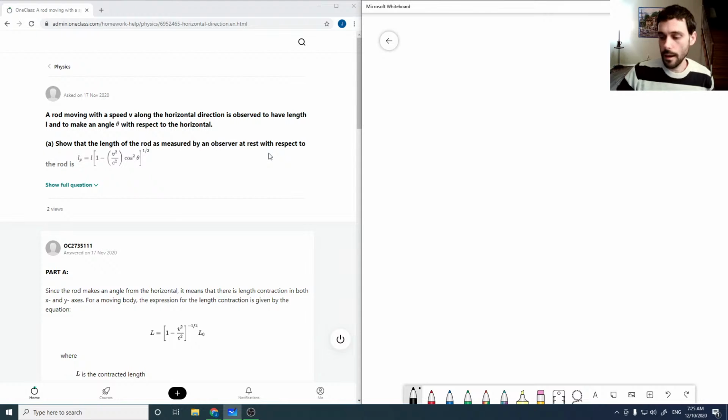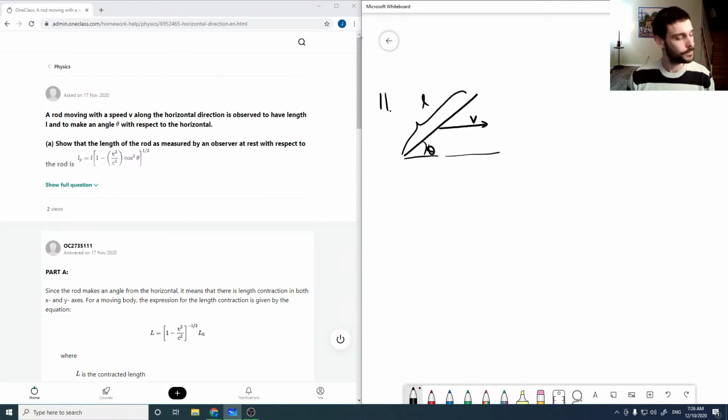Okay. All right. So I should have, I think, time. So I'm gonna run through this one. So we've got a rod of length L, which is at some angle theta with respect to the horizontal, and the rod's moving with a velocity v.